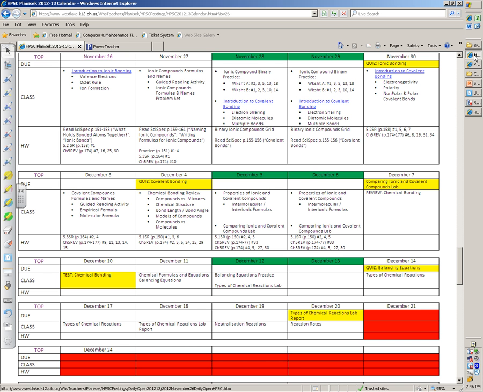Then, a couple problems from the book, part of the section review, and then a couple of questions from the end of chapter 5, dealing with bonding and ionic bonding topics. Tomorrow, we start getting into how to name and write the formula for these atoms that are bonded together.